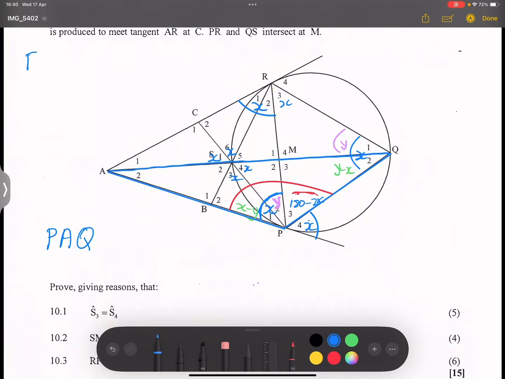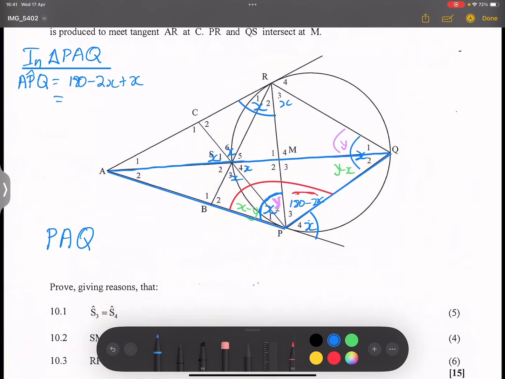Now, please note, in triangle PAQ, what did we do? We said angle APQ is equal to, remember, this would be 180 minus 2x plus x plus x.